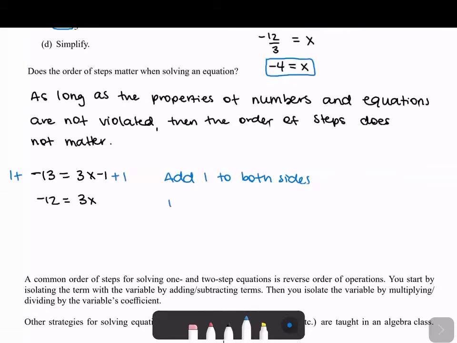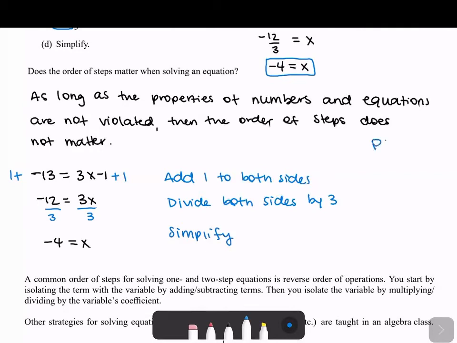And then we would divide both sides by 3, and we would get negative 4 equals x. And lastly, we would simplify. A lot of us would do it this way, where you add and then you divide.